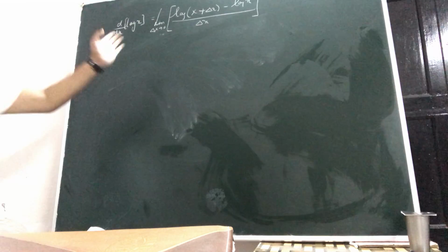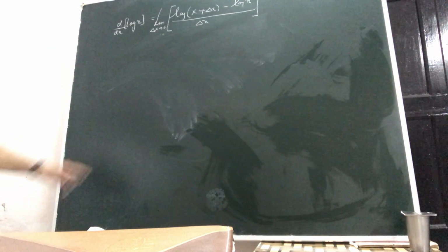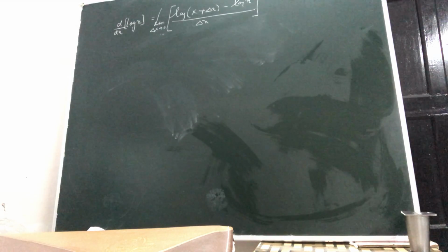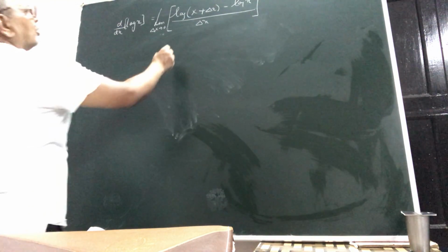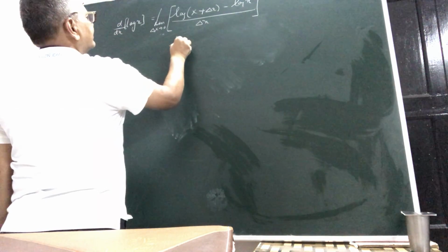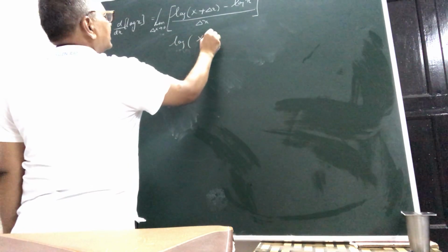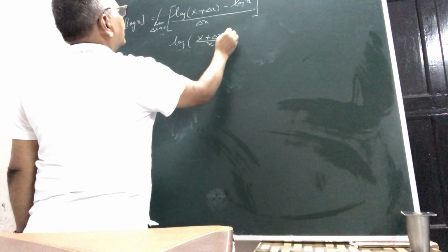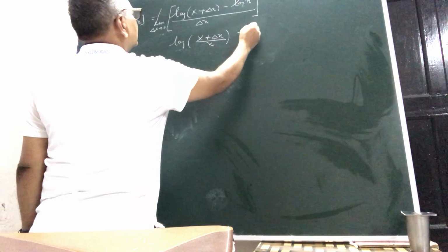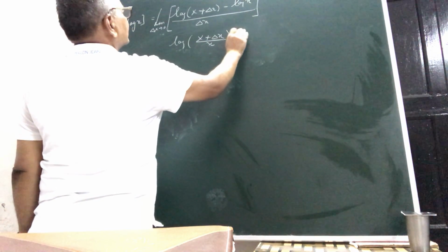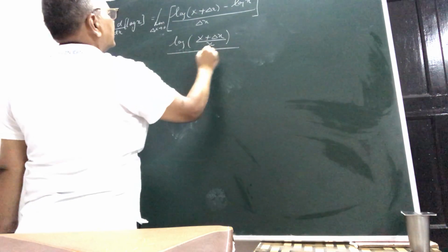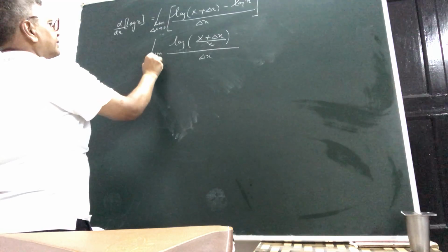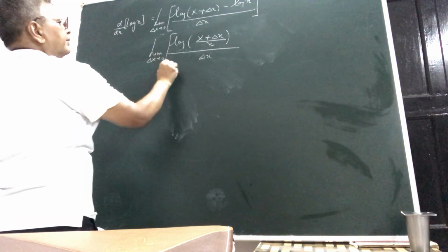Now here, log m minus log n, you know what it is, log m by n. So this will give you the limit of log of x plus delta x upon x, upon delta x, as delta x tends to 0.